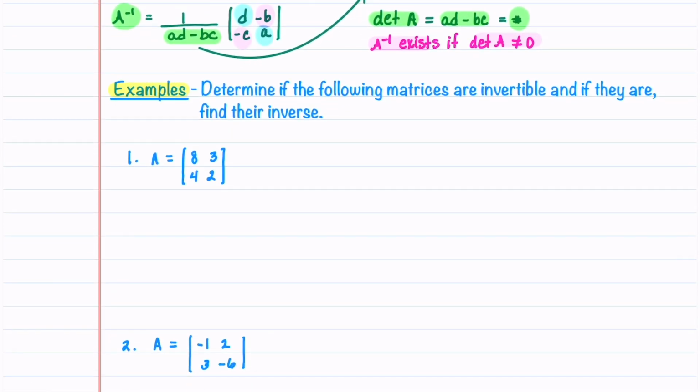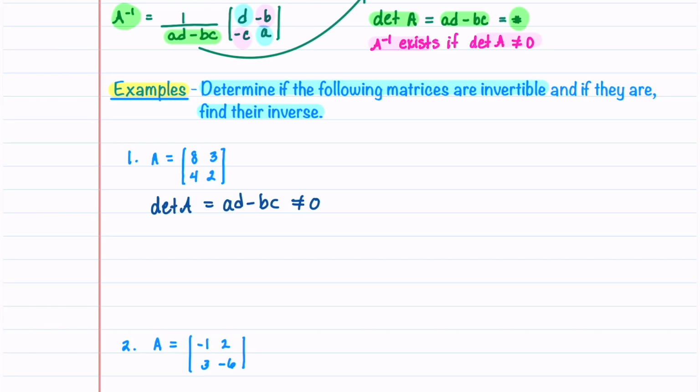Let's now walk through our example problems. We're going to determine if the following matrices are invertible, and if they are, we're going to find their inverse. The inverse of a matrix will exist if the determinant of A, which is given by ad minus bc, is not equal to 0. So let's calculate that.